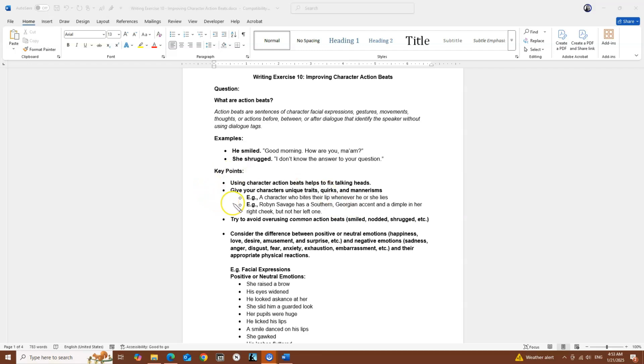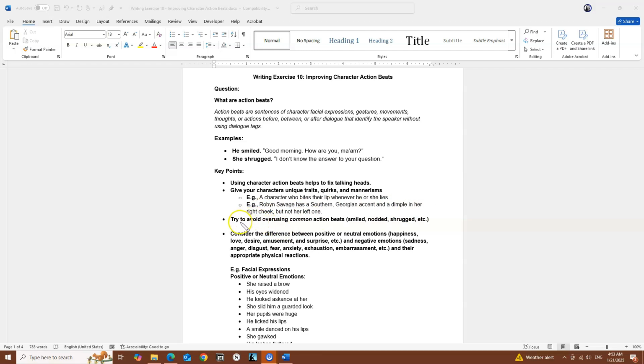Another key point is to give your characters unique traits, quirks, and mannerisms. For example, a character who bites their lip whenever he or she lies, or my character Robin Savage, who has a southern Georgian accent and a dimple in her right cheek, but not her left one.